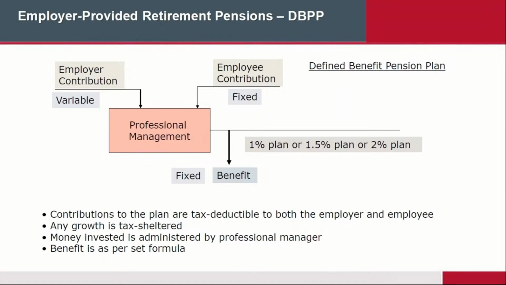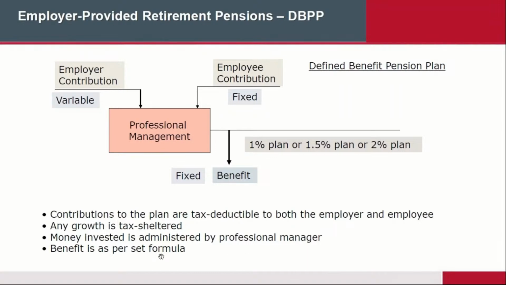So here, the contributions to the plan are tax deductible for both the employer and the employee. The growth is tax sheltered because it is a pension plan, okay? Money invested is administered by professional managers. In other words, this is not a situation where just anybody manages it. You have to be really, really good at what you do, okay? And the benefit formula is a set formula.